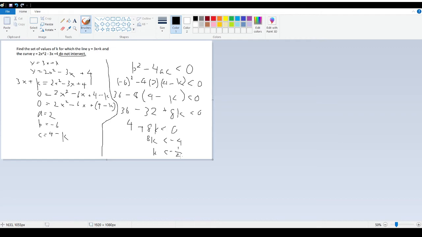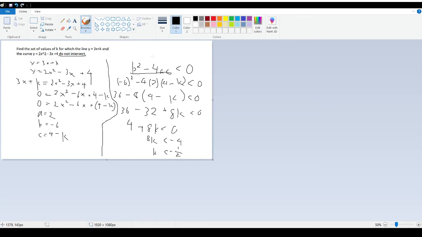So this is basically quadratic discriminants. It's a very easy topic. You can easily grasp it. So to review, this is the quadratic discriminant. If the quadratic equation has two real roots, then it will be bigger than 0.